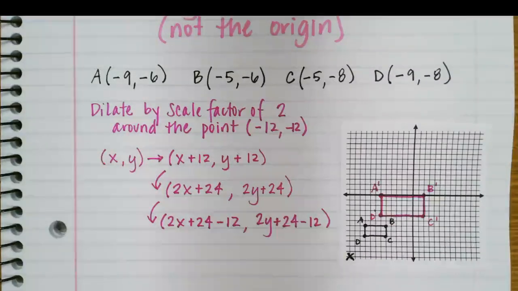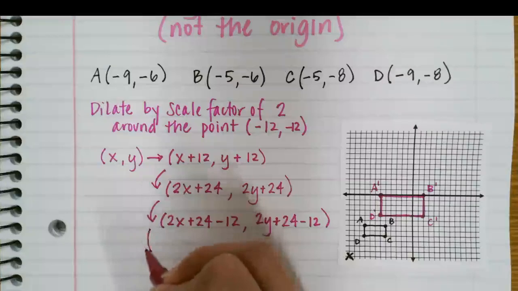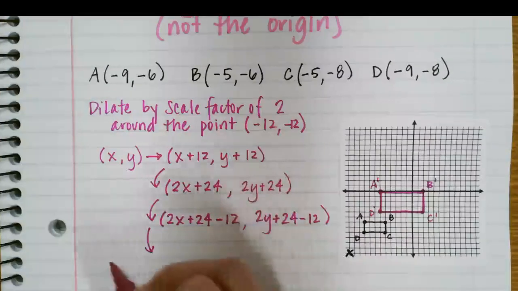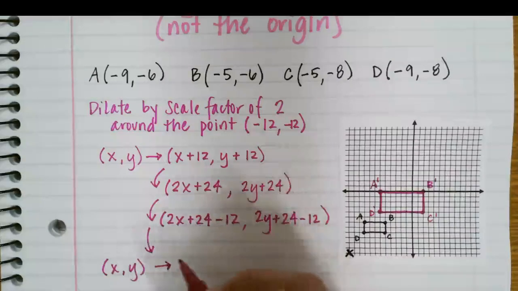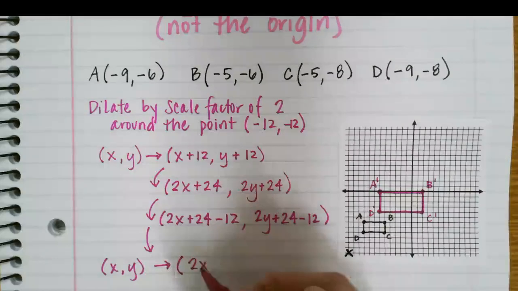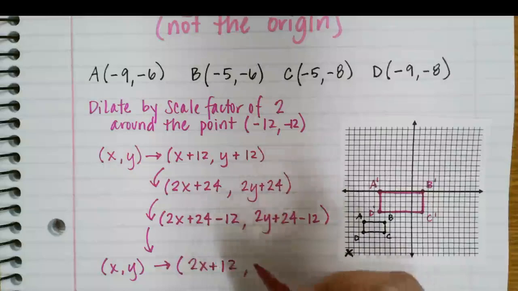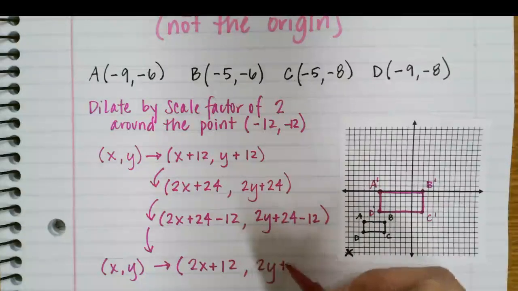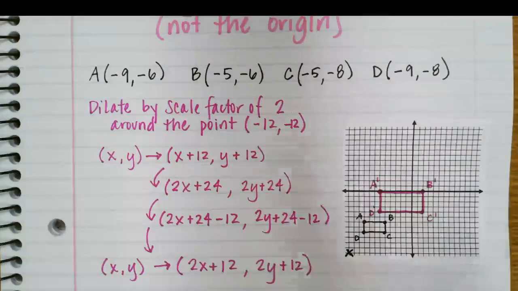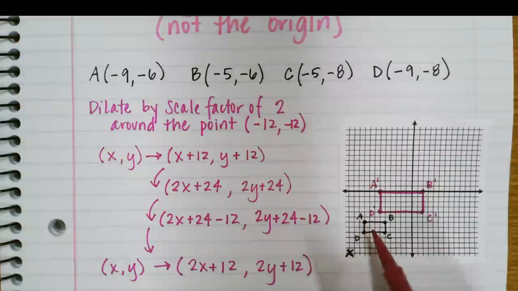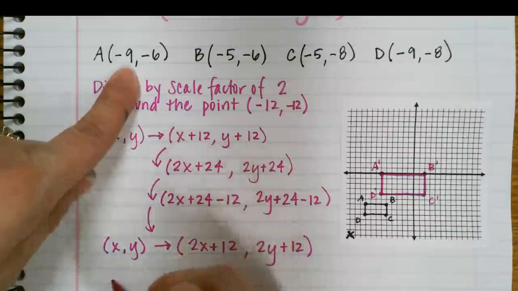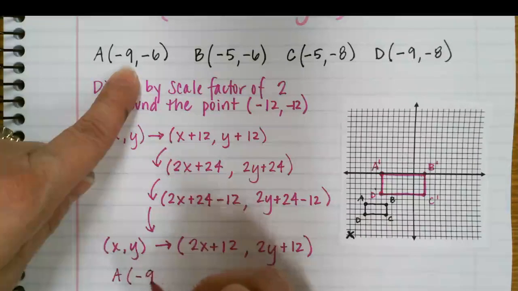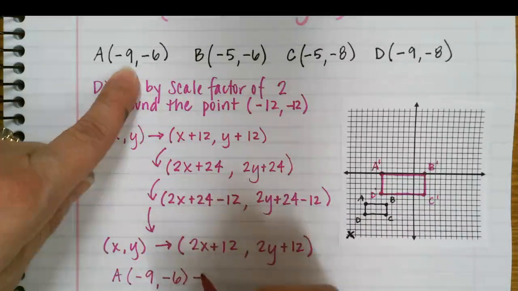So if I simplify that, then what ends up happening is that I went from the original point x, y to the point 2x plus 12 and 2y plus 12. So let's see if that's what really happened. If we look at point A, A was negative 9, negative 6.